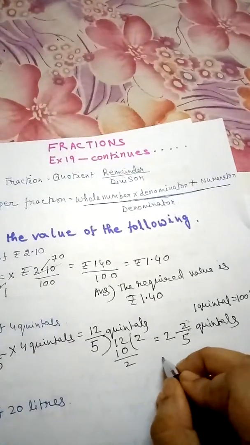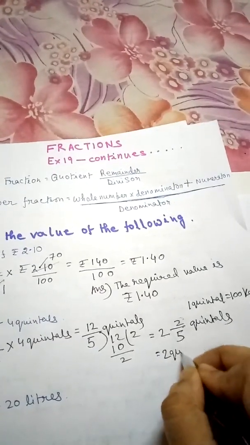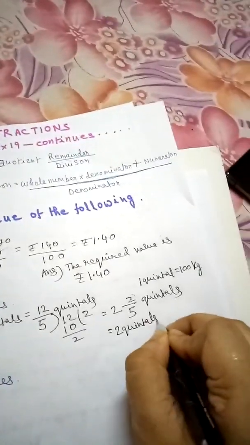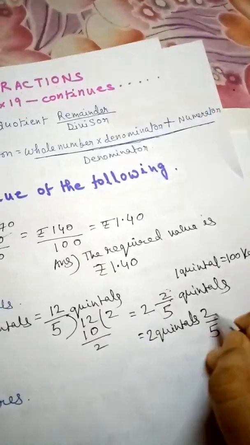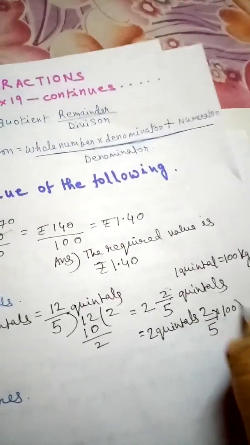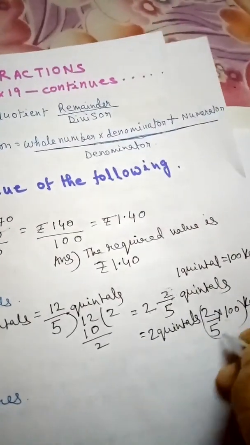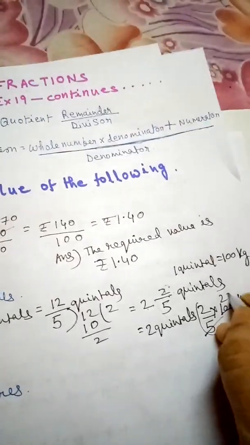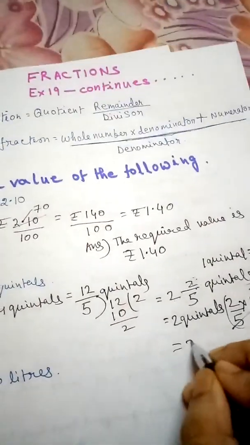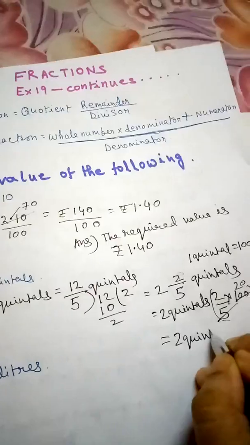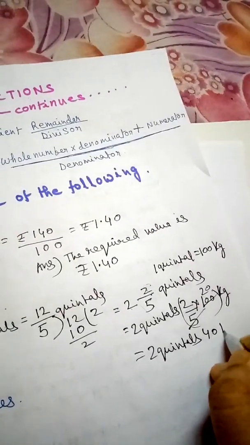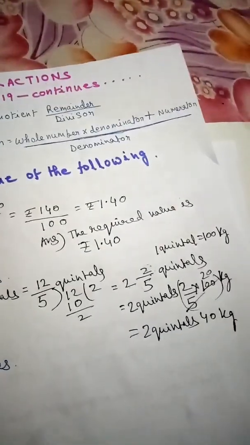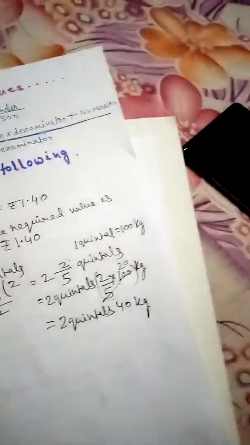So this is equal to 2 quintals, 2 by 5 into 100 kg. Cancel this. So this is equal to 2 quintals 40 kg.